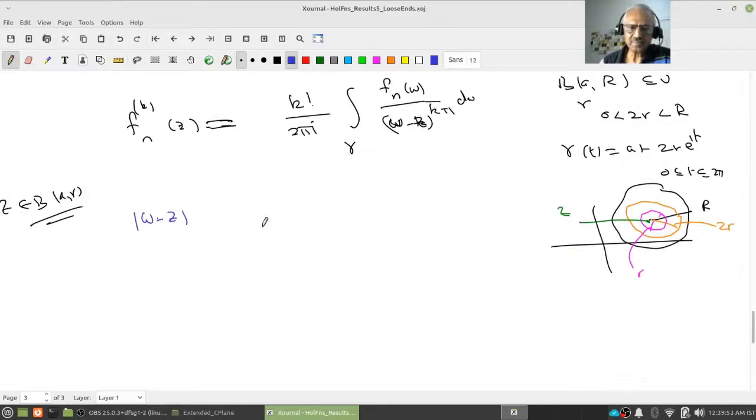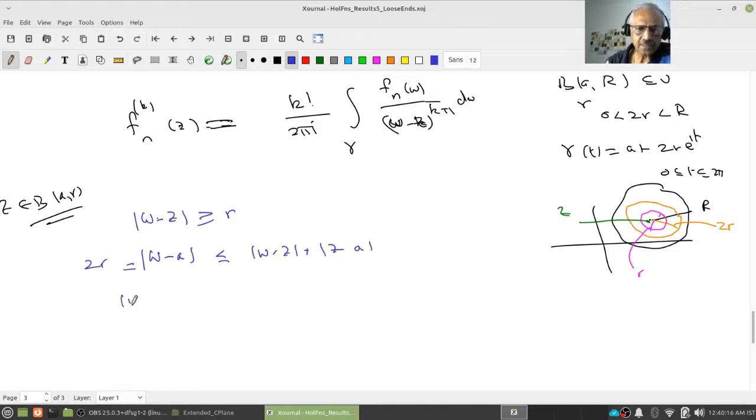Anyway, now notice that |w minus z| is greater than or equal to r. Why? Let us look at that. See, w is on the circle of radius 2r. Therefore, let us look at w minus a, that is 2r. That is less than or equal to |w minus z| plus |z minus a|.